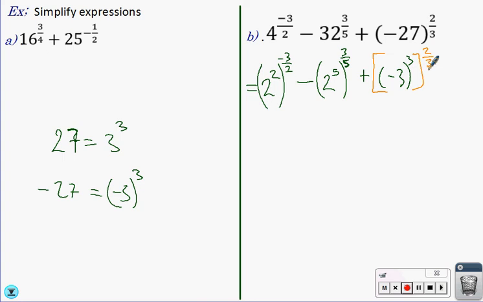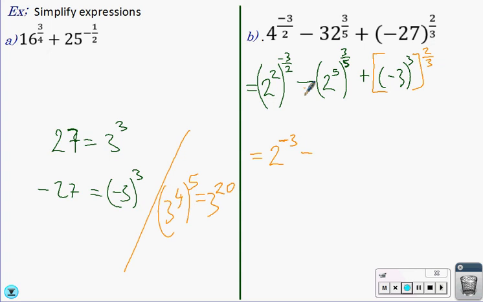So now after you change the bases with exponential notations, it is time to multiply power by power. Remember that there was the property when you have 3 to the power of 5, you can easily multiply those two powers and say that it is 3 to the power of 20. So now in here, 2 to the power of 2 times 3 over 2. 2 times 3, 6. 6 over 2 is 3, but it is minus.